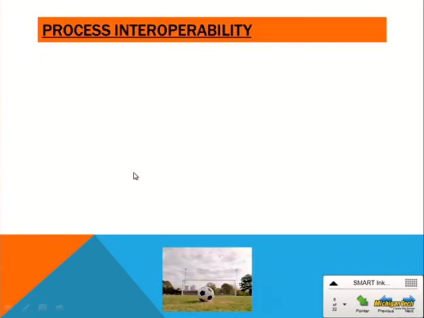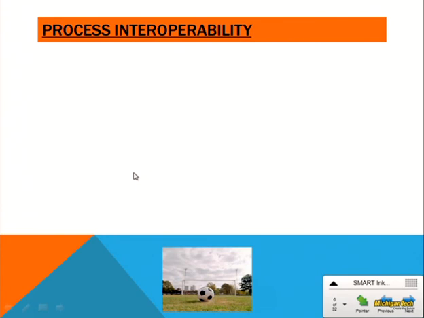Besides semantic interoperability, we have another one called process interoperability. What does process interoperability mean here? In fact, in reality you have two places. One is place A, one is place B. You have two systems, okay?